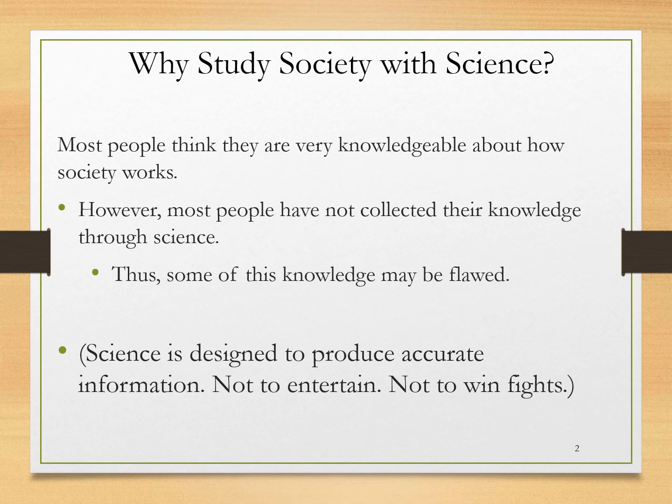Most people think that they're actually quite knowledgeable about how society works. The fact of the matter is that most people actually have not collected their knowledge about society through science. So thus, some of that knowledge that we've accrued may be flawed.